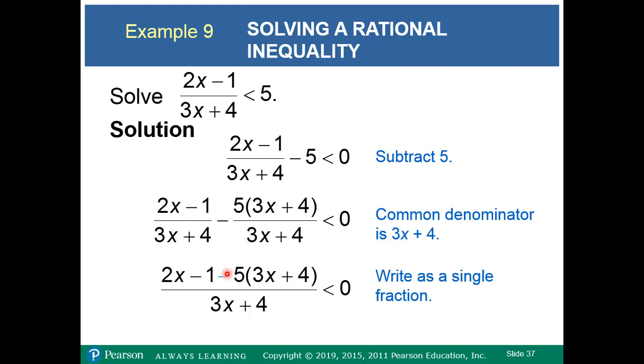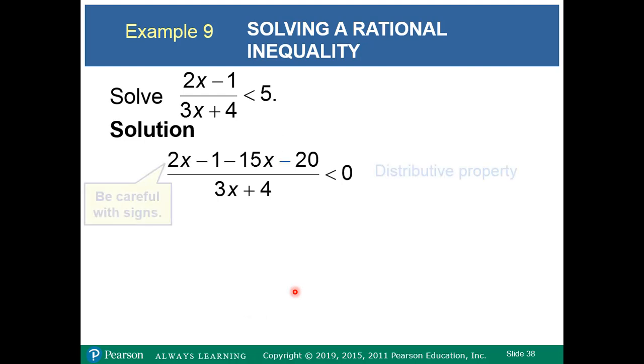Now remember, we're going to distribute the negative 5 first, so we're going to use the distributive law. And so this is going to be negative 15x minus 20. Now, be careful with the signs. This is positive 2x, and this is a subtraction, right?